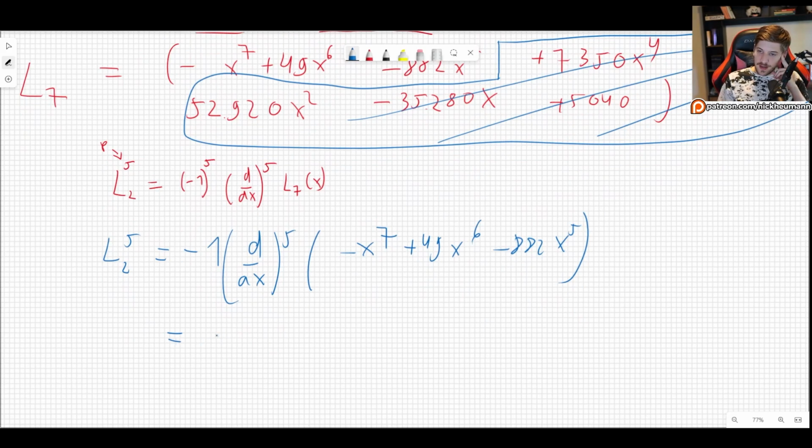So this would be minus 1 times, and now let's just derive 5 times. It's very easy because this is simply a polynomial. So we get minus 7 times 6 times 5 times 4 times 3 x squared, right? That's 5 derivatives. We just put the exponent down 5 times and we multiply by what is remaining here. Then we have plus 49 times 6, 1 time, right?